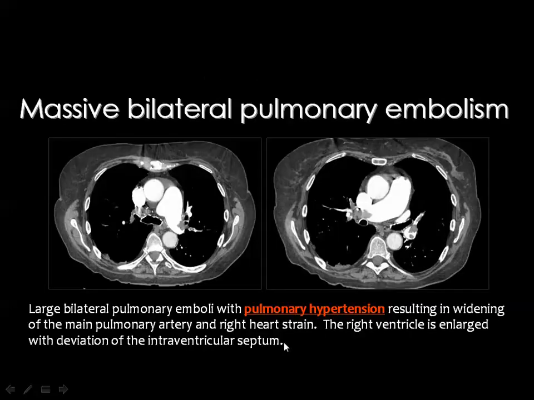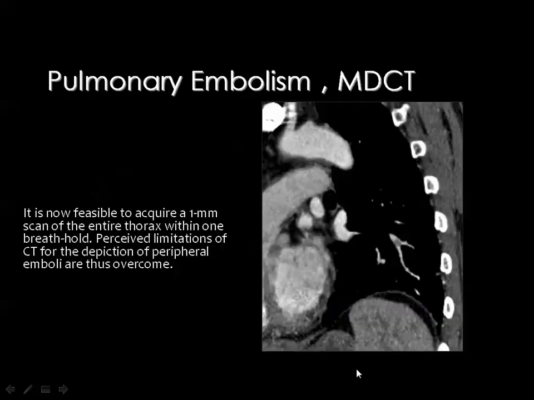Massive pulmonary embolism may be seen on multi-detector CT as multiple filling defects involving the major arteries of the pulmonary artery, and you see here a filling defect in the right main pulmonary artery, 2 filling defects in the left main pulmonary artery representing multiple pulmonary emboli.